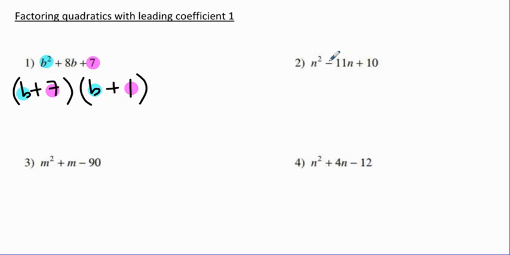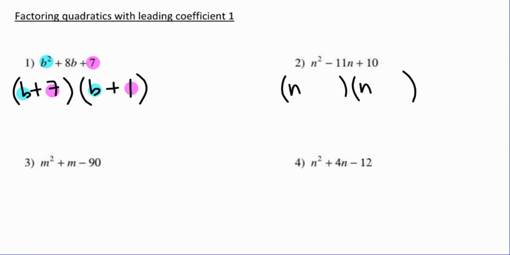So now notice we have n squared minus 11n plus 10. This one definitely looks a little bit different, but not much. Okay, so let's first just outline our parentheses. And let's get our first term of each binomial being n, because n times n gives us n squared.